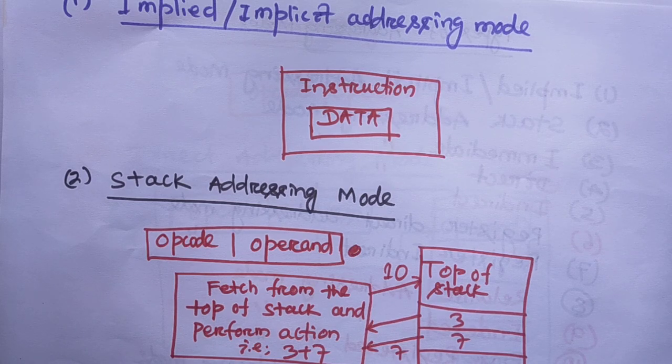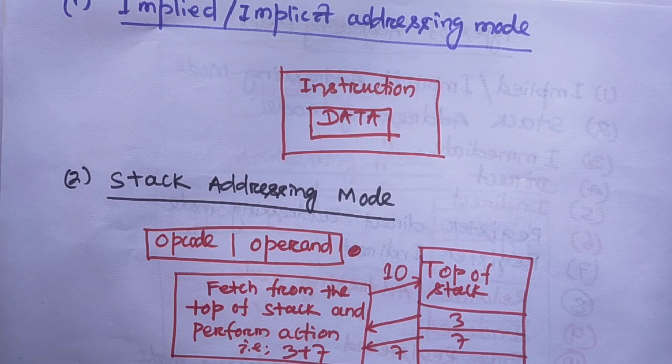Normally zero address is used when the stack organized concept is there, where there is no certain address of data. The data will change, but there is no fixed address for data. It is done through a pointer. That kind of thing is also used for implicit or implied addressing mode.